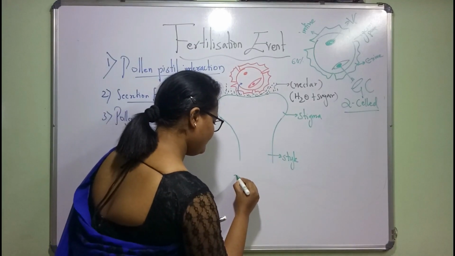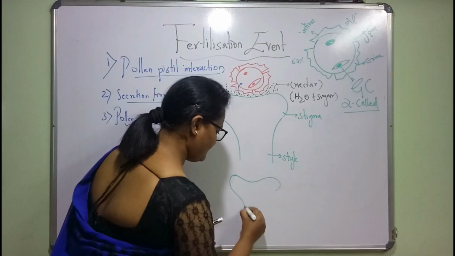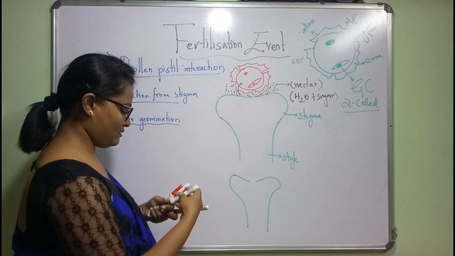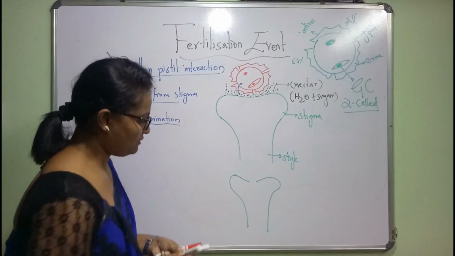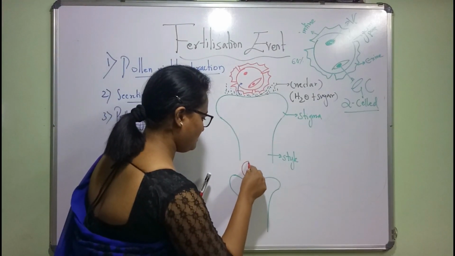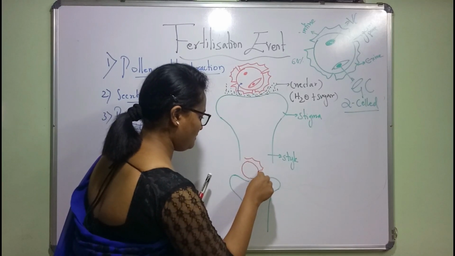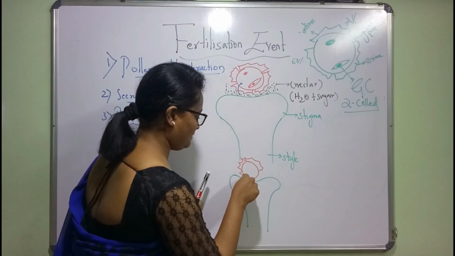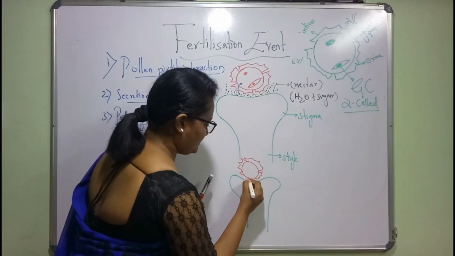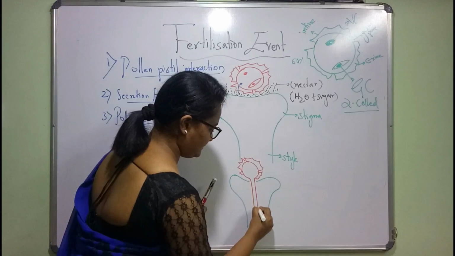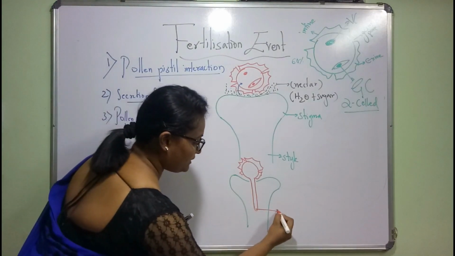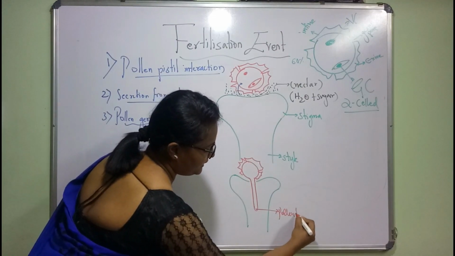I'll draw here. From the pollen grain, like this, there will be emergence of pollen tube. This is what we call pollen tube.